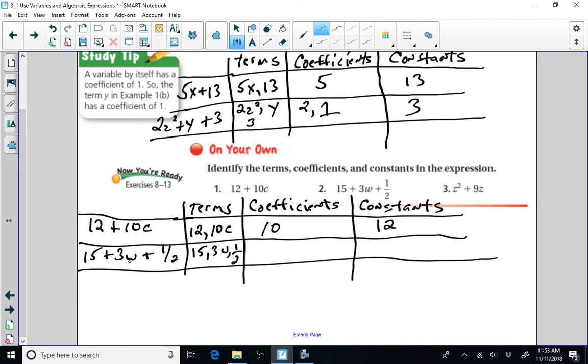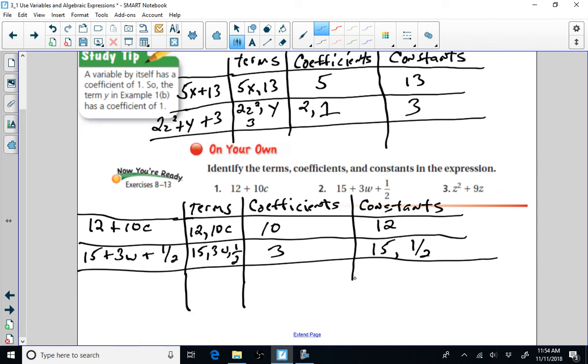Your coefficients are 3, right? And that's it. 15 has no variable. 1/2 has no variable, right? I only see one variable here, and that's the w, and that w is being multiplied by the 3, so 3 is your only coefficient. Your constants are the terms without variables, so your 15 is a constant, and your 1/2 is a constant.